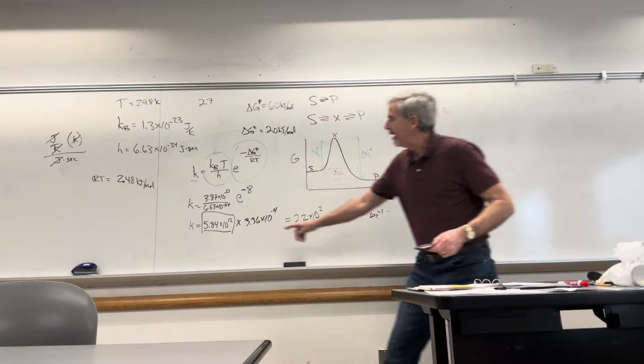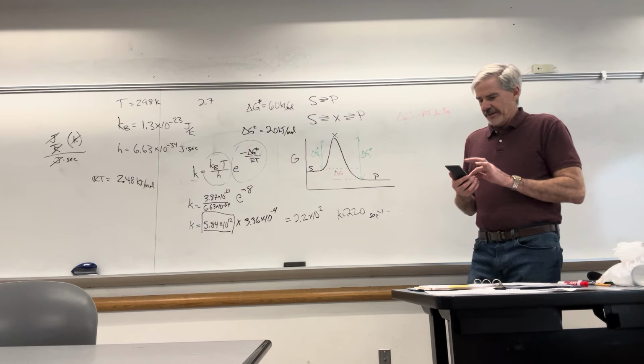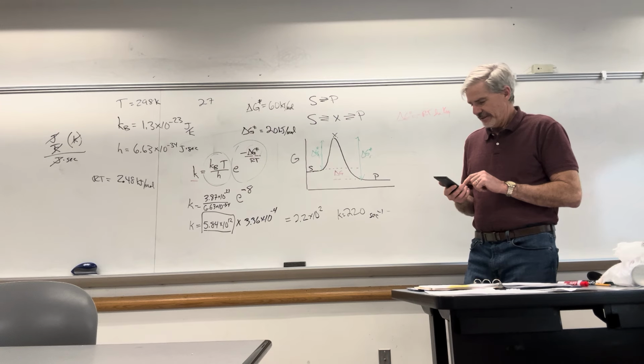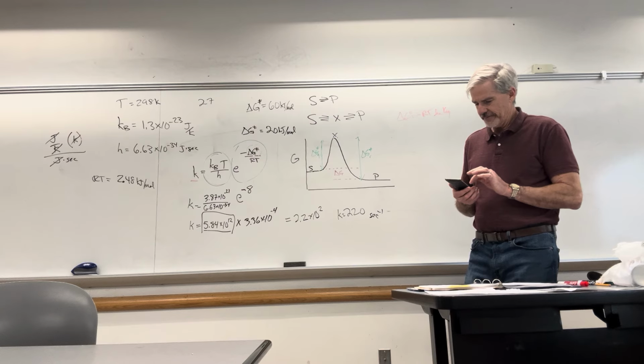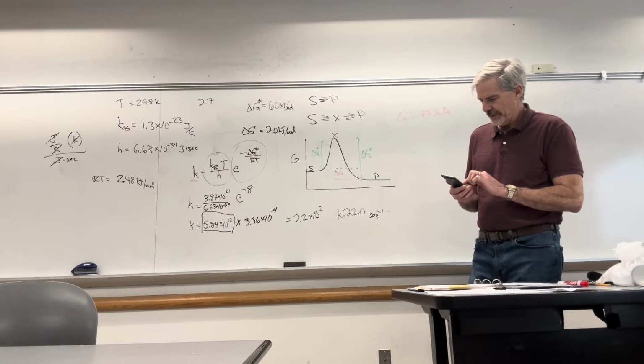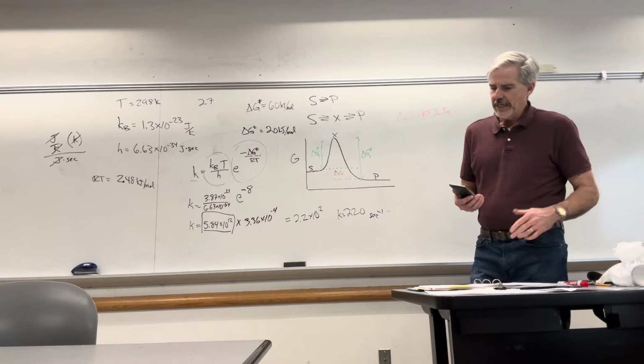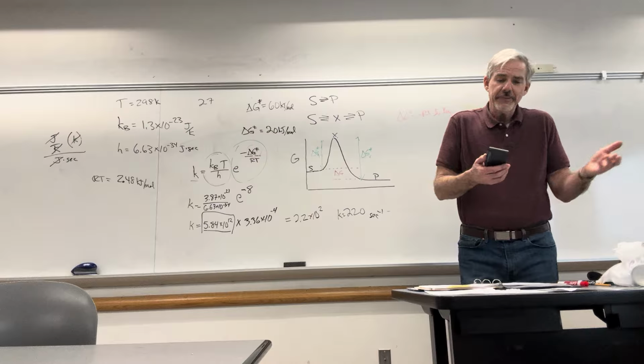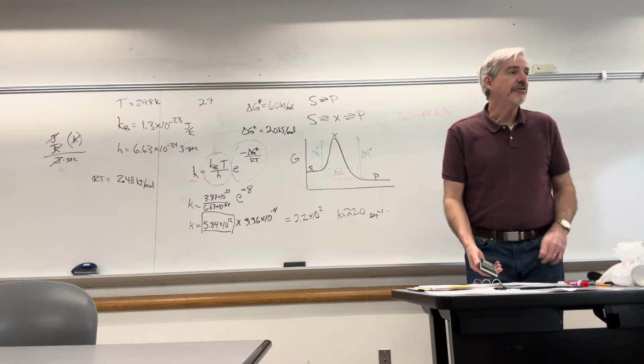Now multiply that by 5.84 times 10 to the 12th. So 3.36 times 10 to the negative 4 times 5.84 times 10 to the 12 equals 1.962 times 10 to the ninth, about 2 times 10 to the ninth.